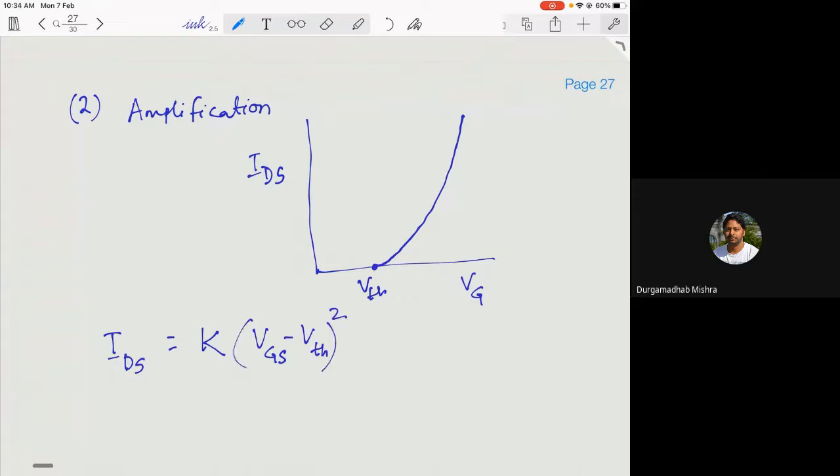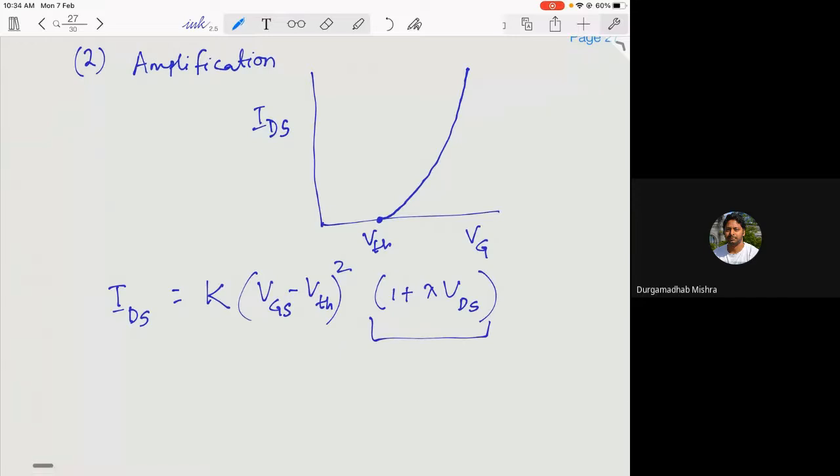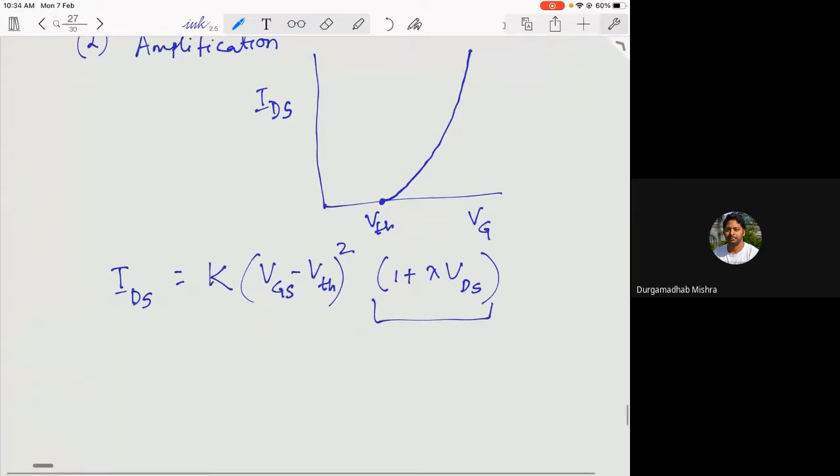So it's a parabolic dependence, and sometimes we have to add a small dependence on VDS, but normally it is negligible. This term is not that important in determining the saturation current. But most important is this VGS minus VTH squared. So it is a parabolic dependence, and the K is a constant which is given by this relation.